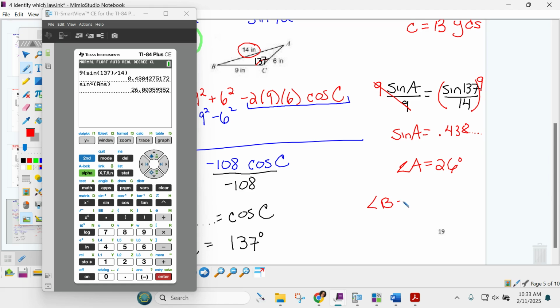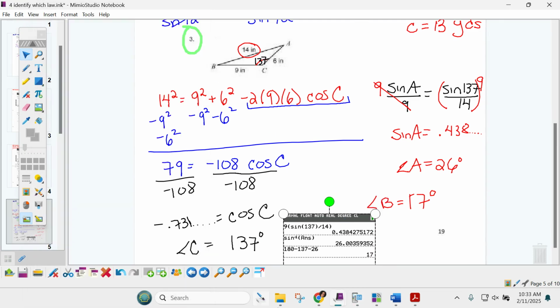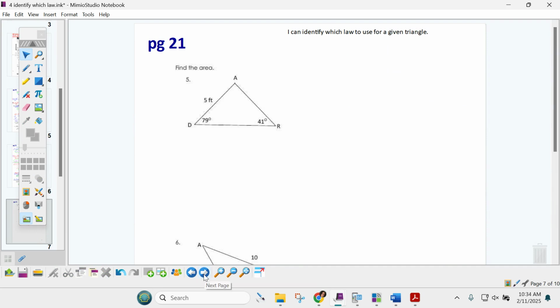So angle B has to be 180, take away 137, take away the 26 for a measurement of 17 degrees. Okay, so number 2 and 4, here's all the work. All of this will be in Drive for you.